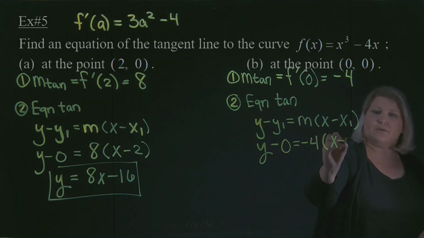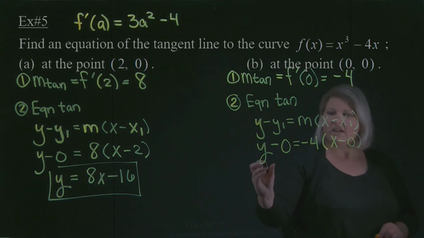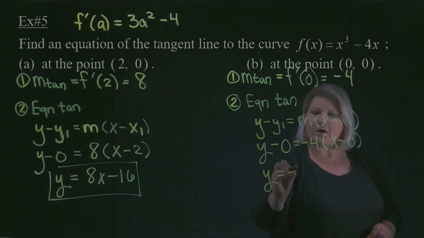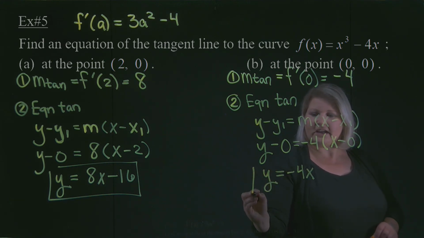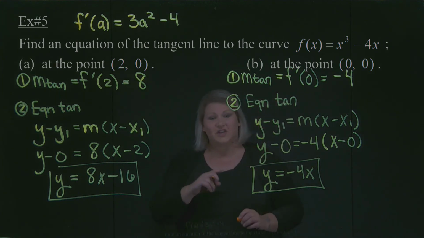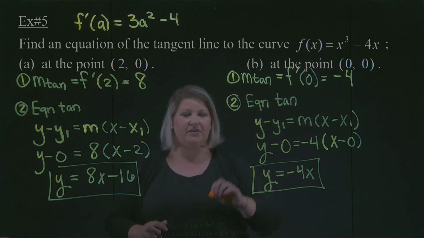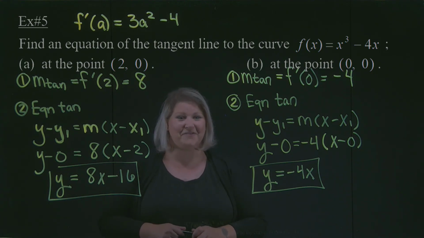And my x coordinate is 0 as well, so I'm going to plug in x minus 0. If I distribute the negative 4, that's the only thing I need to do, and drop those zeros, I find that the equation of the tangent to this curve at the point (0, 0) is y equals negative 4x.